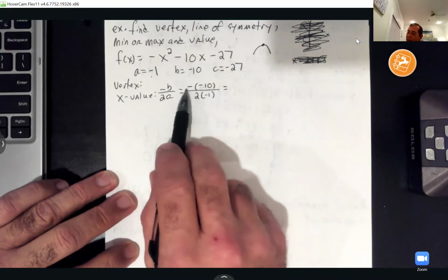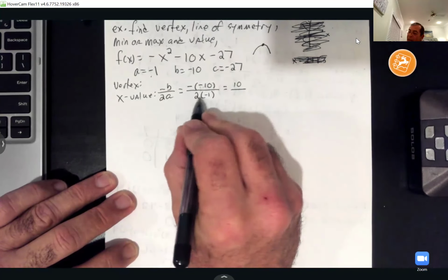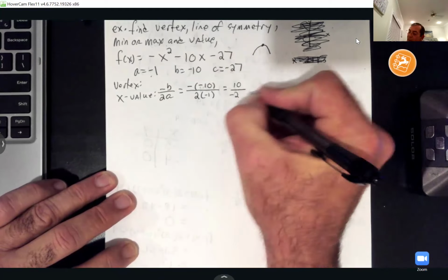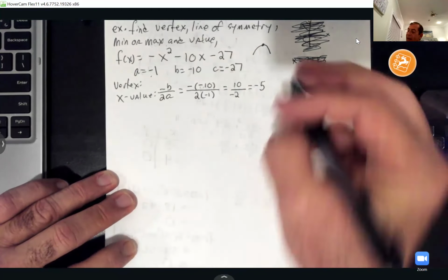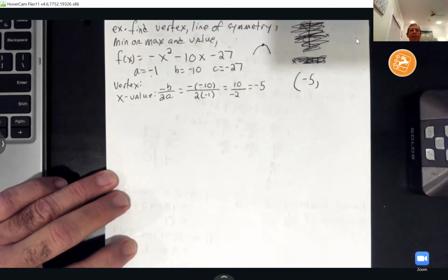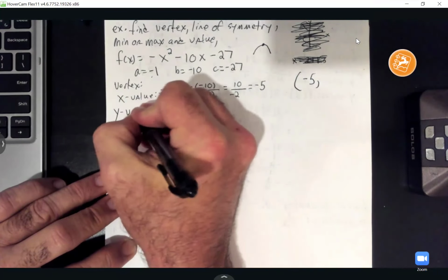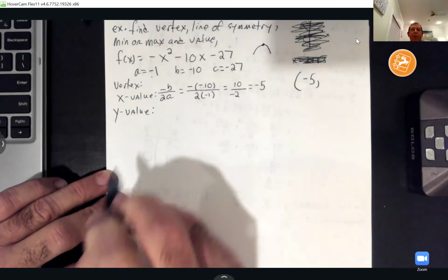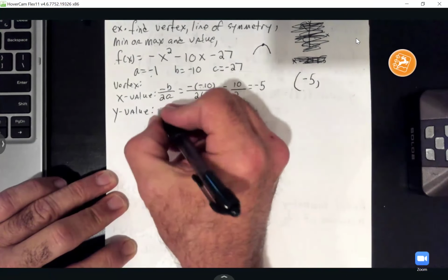All right, y'all, let's see what happens. Negative, negative makes that a positive 10 over -2. Oh, and that's all right, because that gives us a -5. So, not a fraction on this one. So, to get my y value, I'm going to find f of that -5.